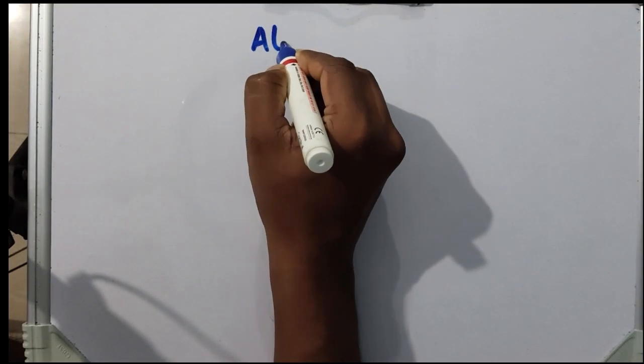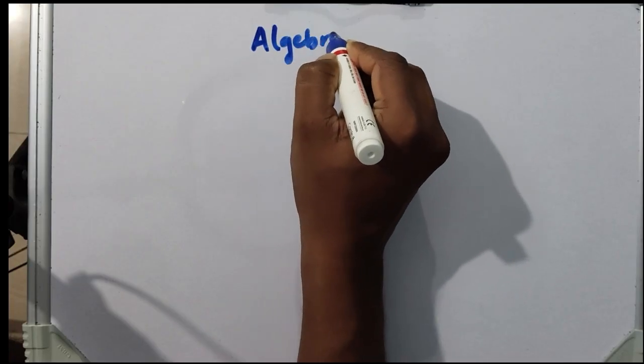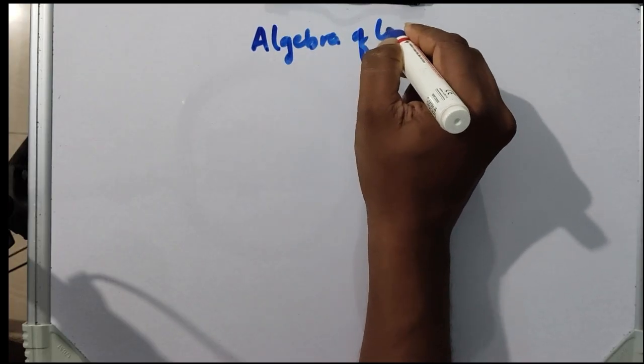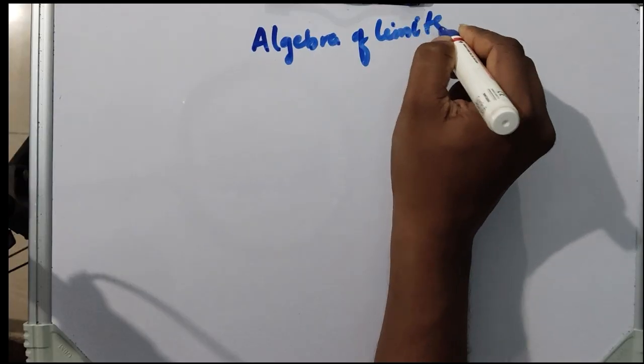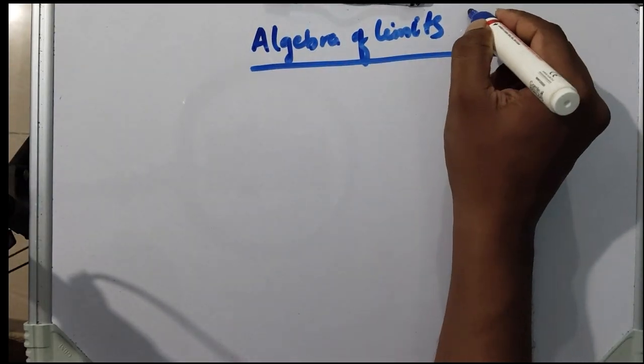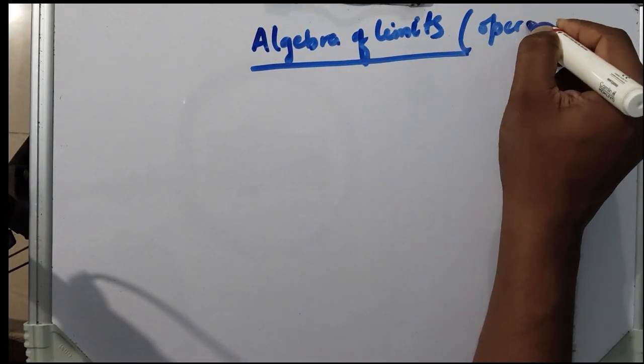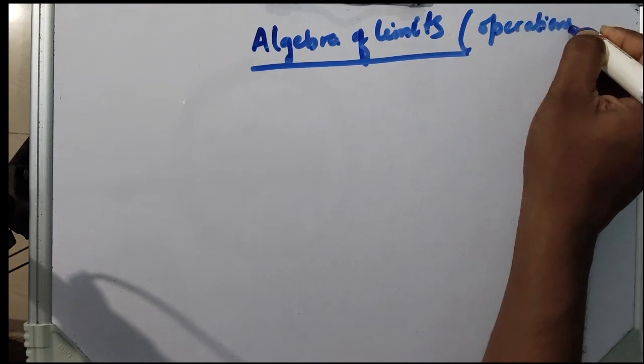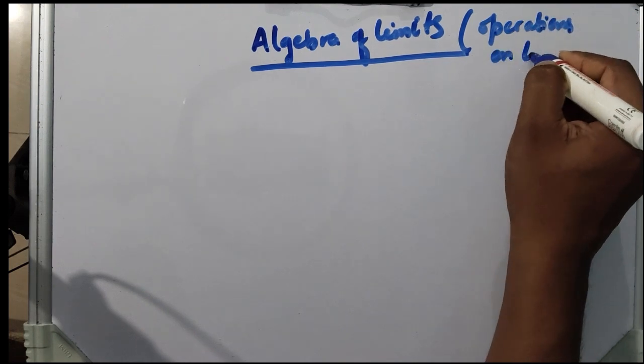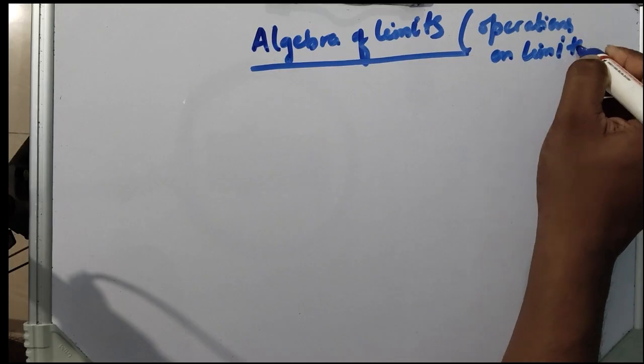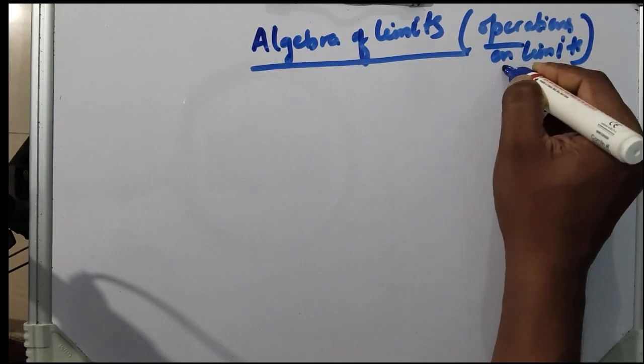Now come to the algebra of limits, or we can say operations on limits. What are the different operations we can do?